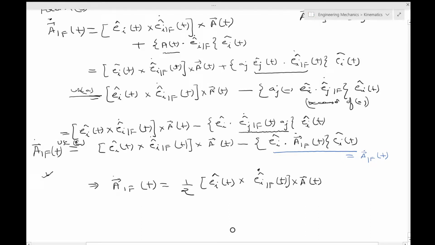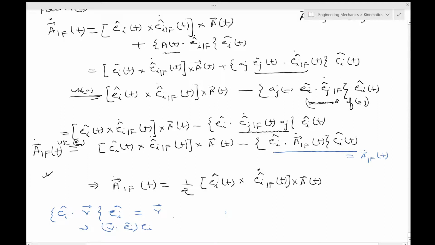Let's see how we can do that, and actually I'll just use it for any vector because A dot will be a vector. So let me just use any vector, I don't know, V. Clearly, if you use the index notation, you will get V dot e_i and e_i hat.